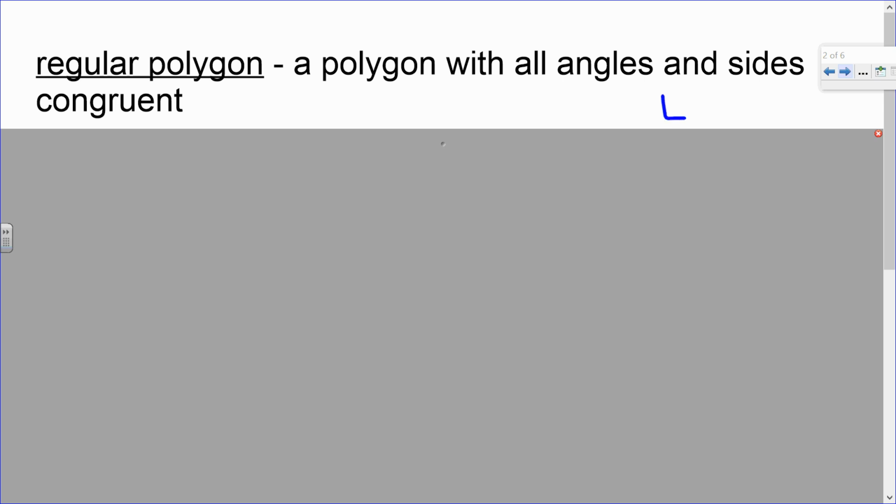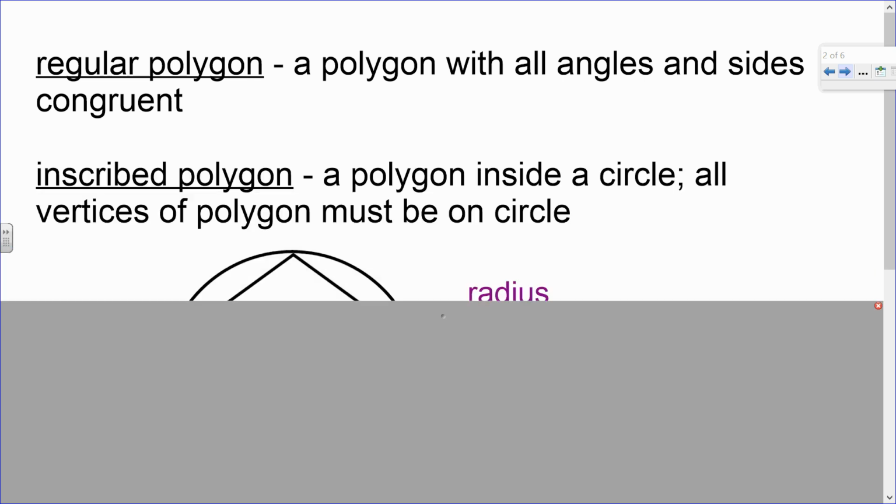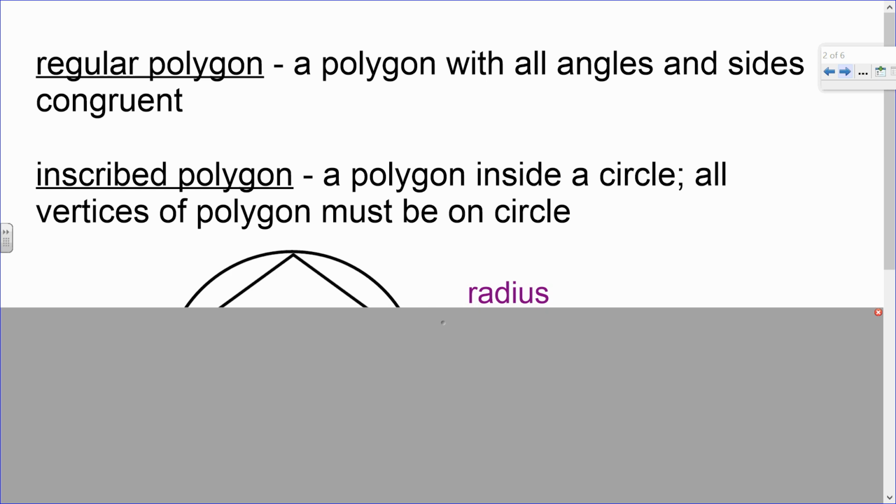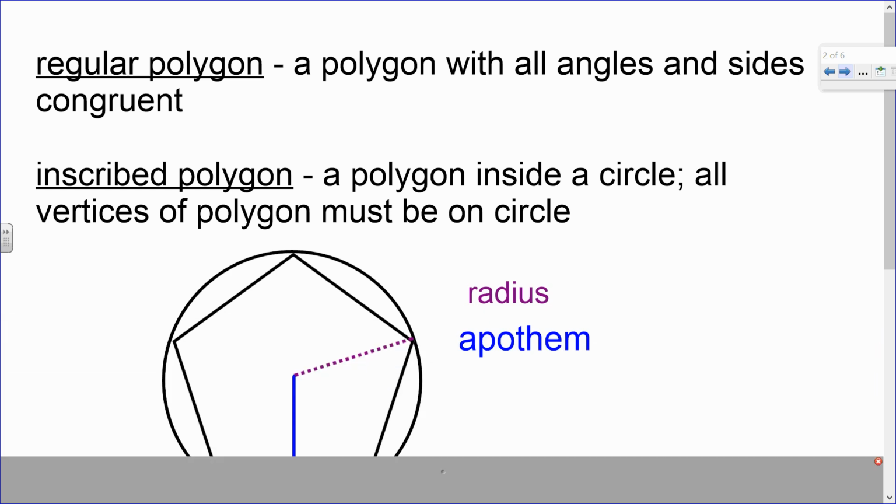If I drew a pentagon that looked like a house, that is not a regular pentagon because some of the angles are 90 degrees and some of them aren't. So they have got to have all of the angles and all of the sides congruent to be a regular polygon. We are also going to talk about inscribed and circumscribed.